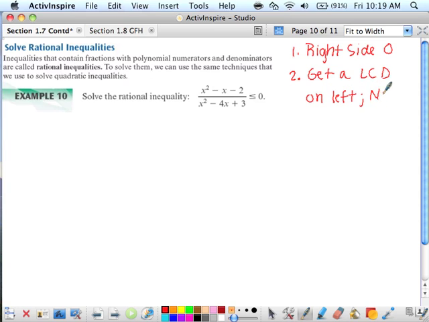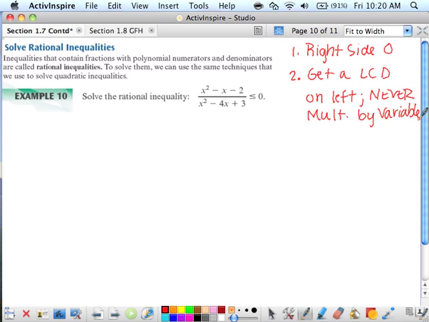Never multiply through by a variable. Does anyone know why we shouldn't multiply through by a variable? Anyone? Let's say I multiply both sides by, I don't know, x plus 2. That's fine in an equation, but when I multiply both sides by a negative with an inequality, what do I have to do to that?